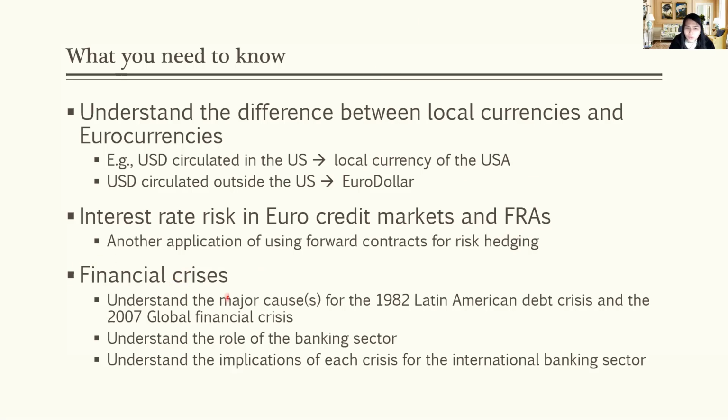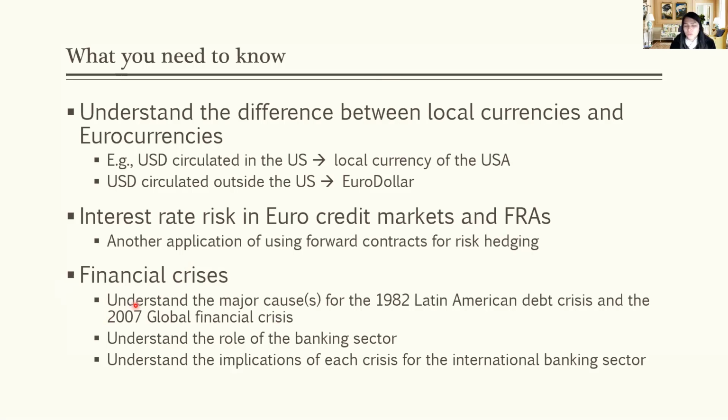Finally, the second part of the topic talks about two large debt financial crises in the past, including the Latin American debt crisis in 1982, and the second one, the 2007 global debt crisis.